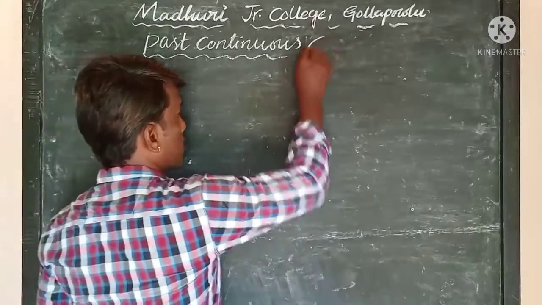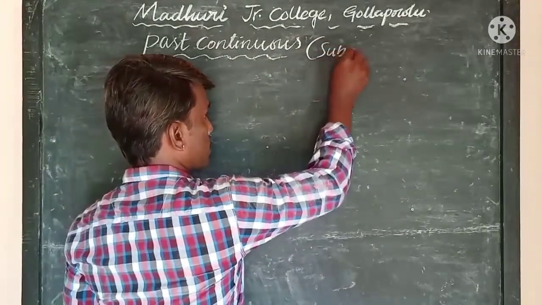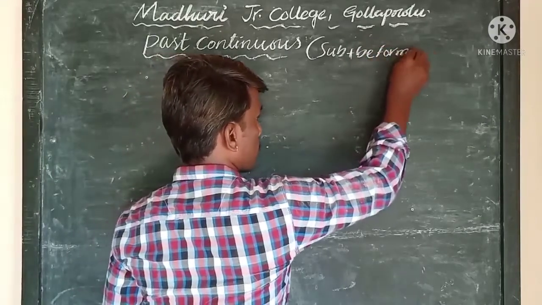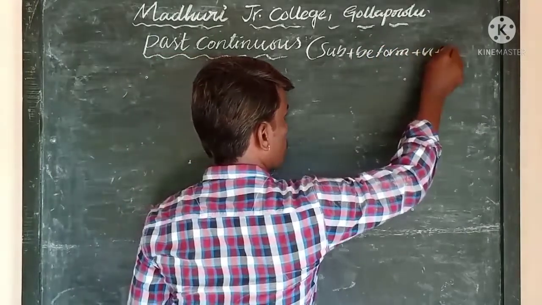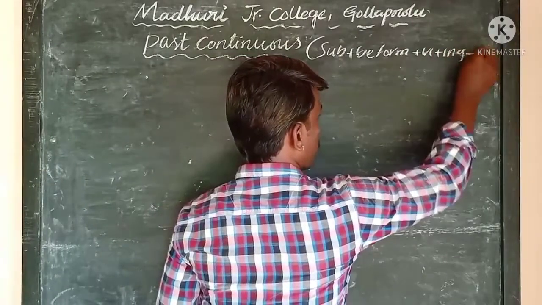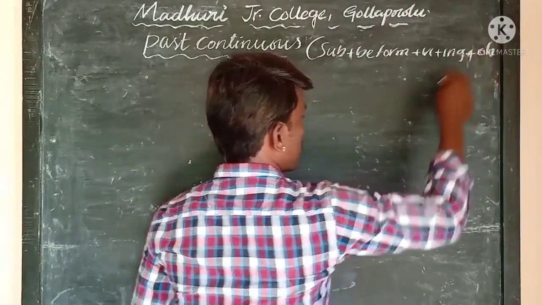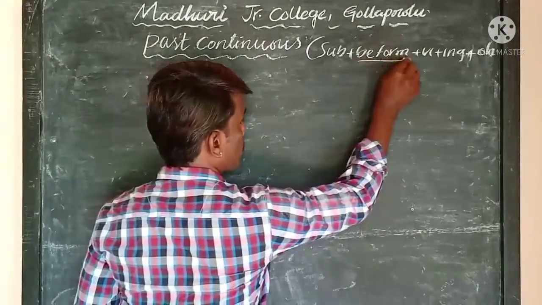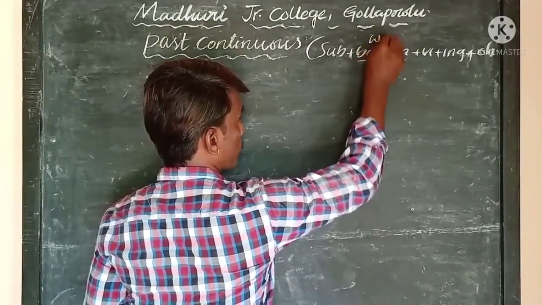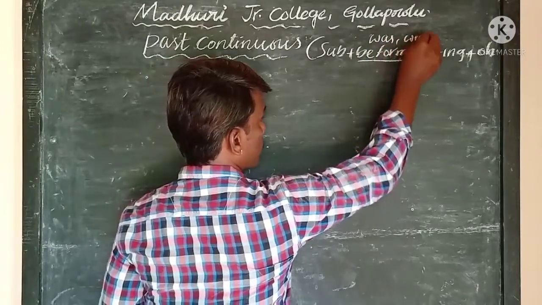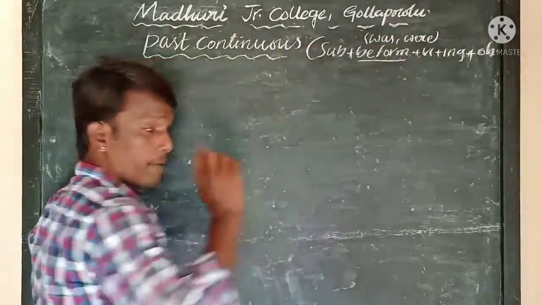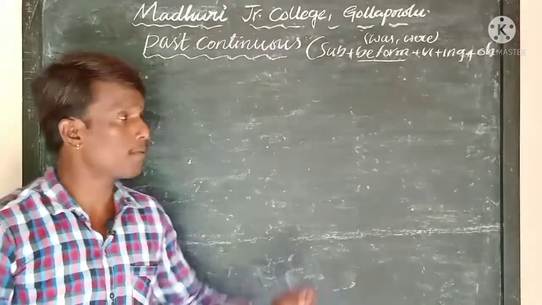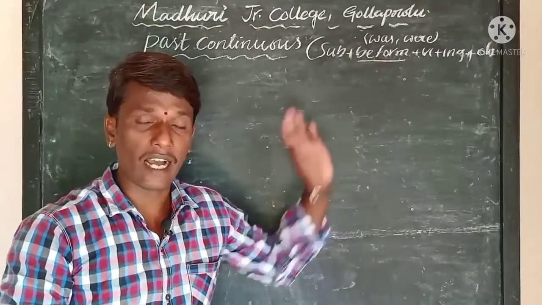Let me write the structure. Subject plus be form plus v1, you can also call it v4, plus object. Here the be forms are was and were, whereas in the present continuous tense, the present progressive tense, we use the be forms am, is, are.